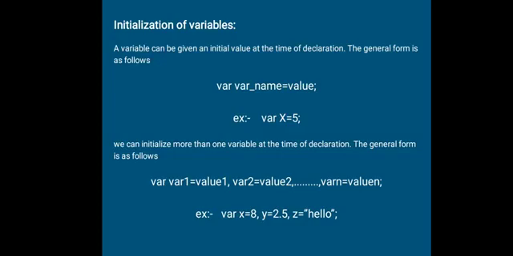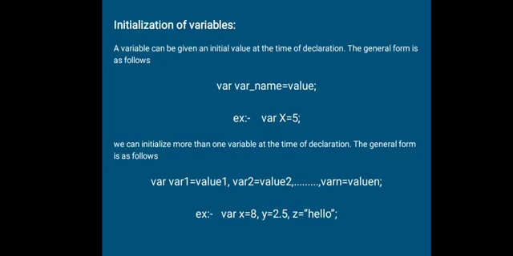The major advantage in JavaScript is we are not defining the data type here. Instead of defining the data type, we are giving the keyword var. If I specify a data type, I can declare only that type. For example, in C, if I give int x, y, z, all the x, y, z values should be integers. But not in JavaScript.